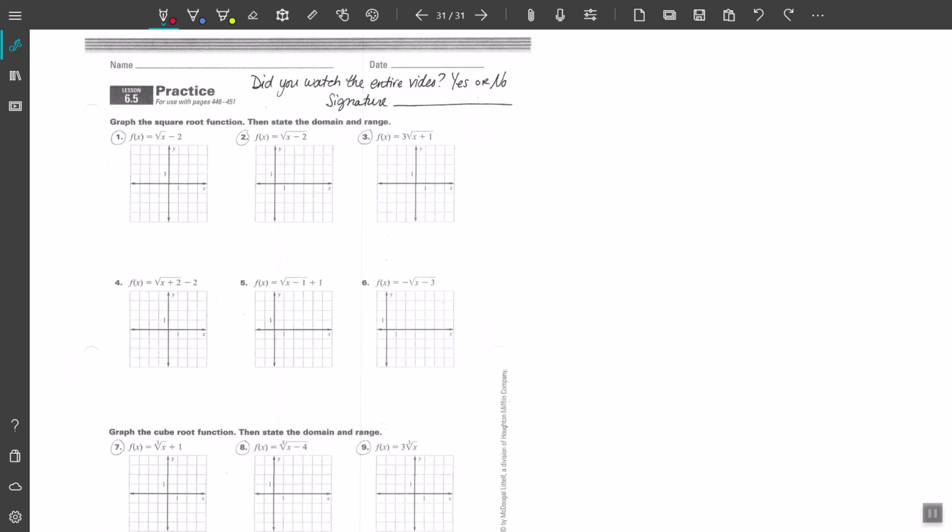Okay, so now let's look at some of the problems on the worksheet. In 1 through 3, we have to graph the square root function, and then we're going to state the domain and range of that function. So let me go ahead and write out our formula. Again, make sure you've got this in front of you. So this is our formula.